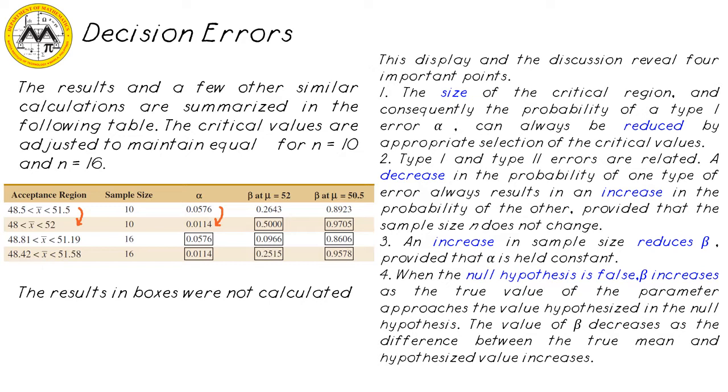While for beta, well, we have not computed for the other values, but just for the concept of explanation, it increases the chance of committing type 2 error. So when we widen the acceptance region, we lessen the probability of committing type 1 error, but we increase the chances of committing type 2 error.